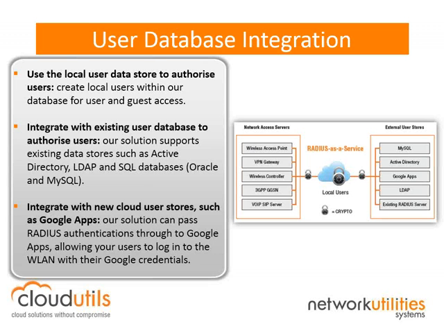But for users that have things like Active Directory or SQL databases and stuff, we obviously have integration with a user's existing databases to enable them to authorize access via Radius using those databases, so Active Directory, LDAP, SQL databases, and many more, which we'll talk about in the next few slides. And then finally, we have integration with our cloud user stores.